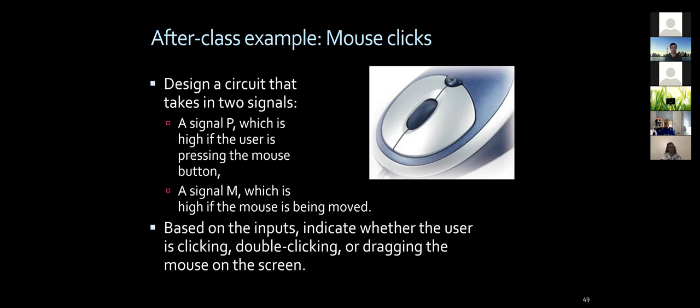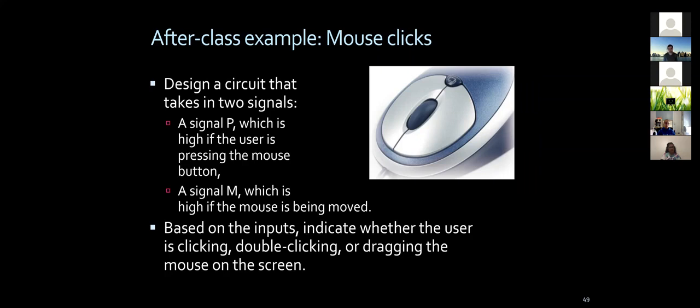A signal P, which is high when the user is pressing a mouse button, right? So you had a traditional mouse and you have a mouse button. That's P, or press. And there is a signal M, which is high when the mouse is moved. So there is a sensor there that would detect the movement of the mouse, right? So it detects that and would generate the signal M for you, which is move, right?